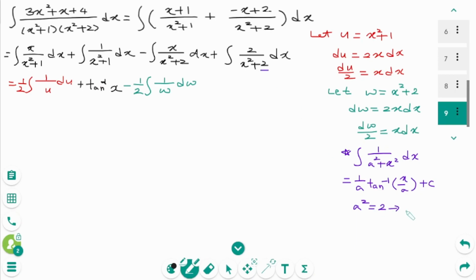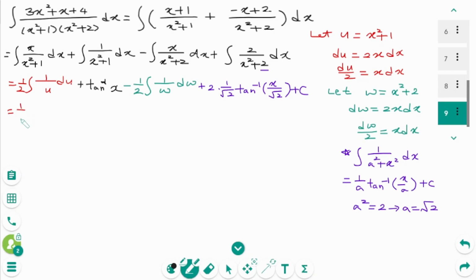That means a equals square root of 2. Then 2 times 1 over a is 2 over square root of 2. Then arctangent of x over a, which is square root of 2, plus c.